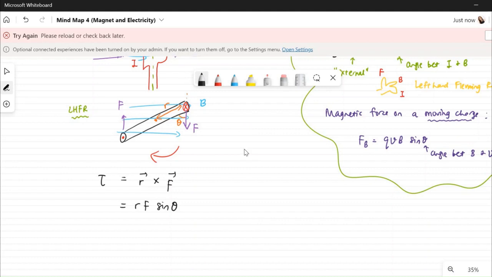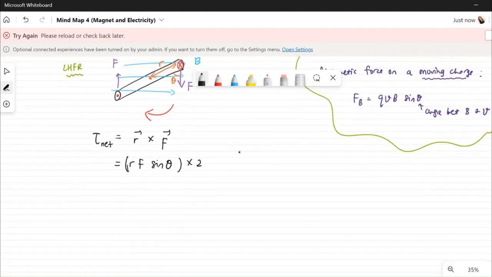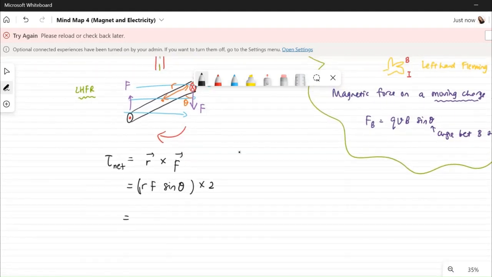Since both of the forces here create a rotational force in the same direction, the total or net torque exerted on the wire is R F sine theta multiplied by 2. What is R?